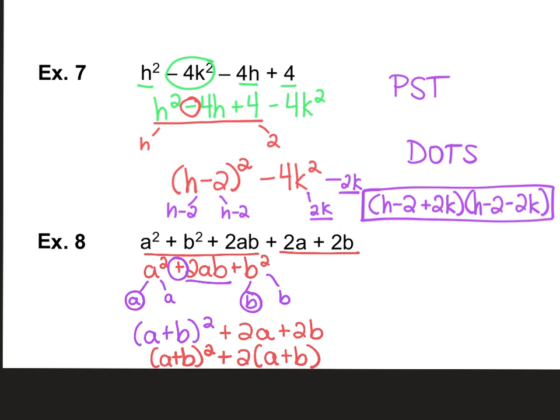I'm going to rewrite this over on the right-hand side, but instead of writing a plus b squared, I'm going to write it out. A plus b times a plus b plus 2 times a plus b. So now, one of these will come together and make the first term.